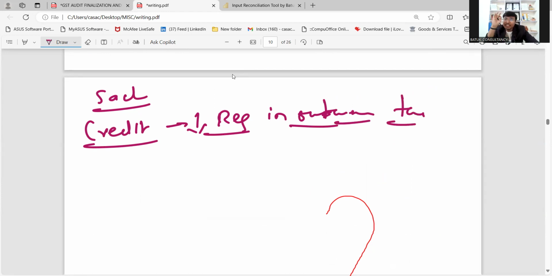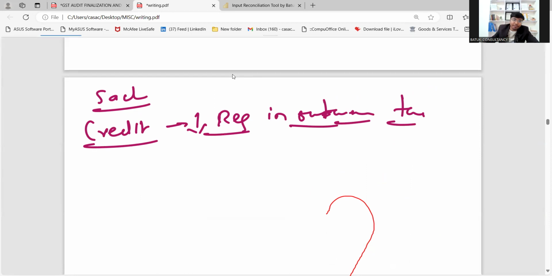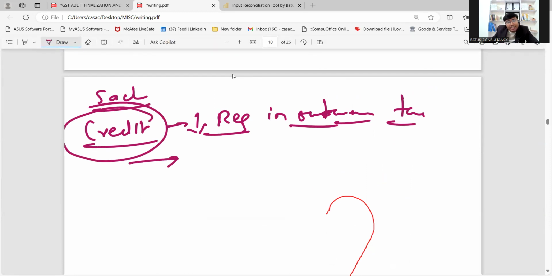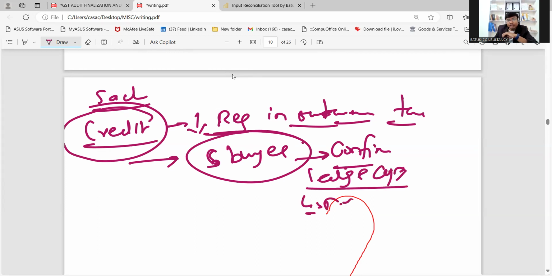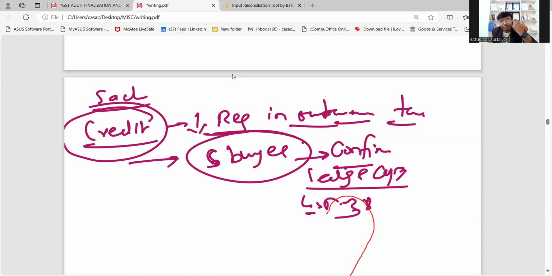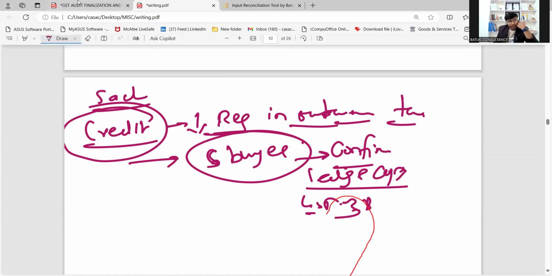So in that specific situation, we just need to confirm that a proper credit note has been issued and the input reversal has been done by the buyer, the counterparty's input reversal. For that purpose, we may take the counterparty confirmation, we may take the ledger copy, and we may check the GSTR-3B return for the respective month for the reversal, so that we can easily identify the genuineness of the credit note.